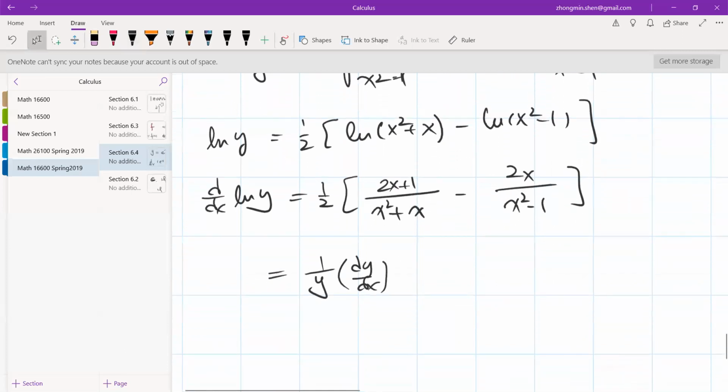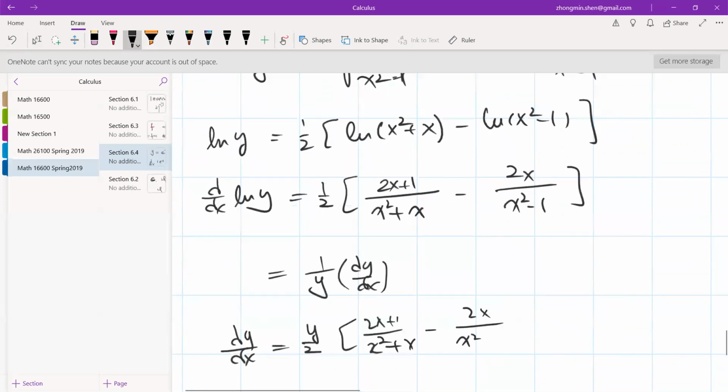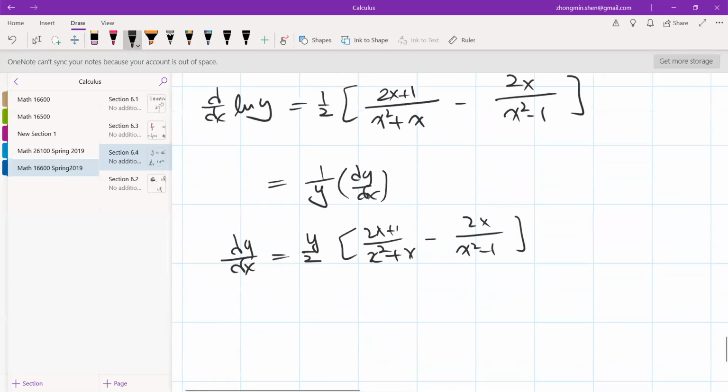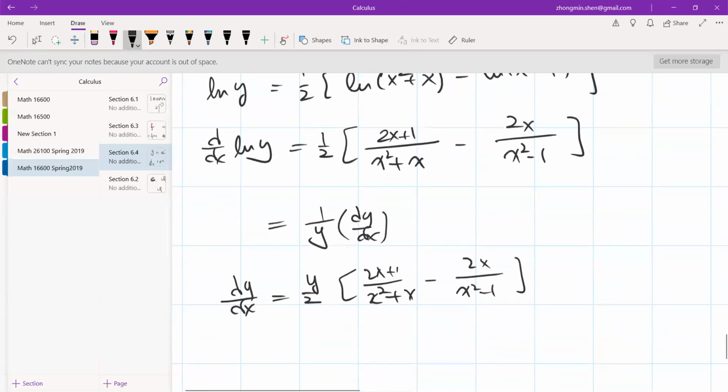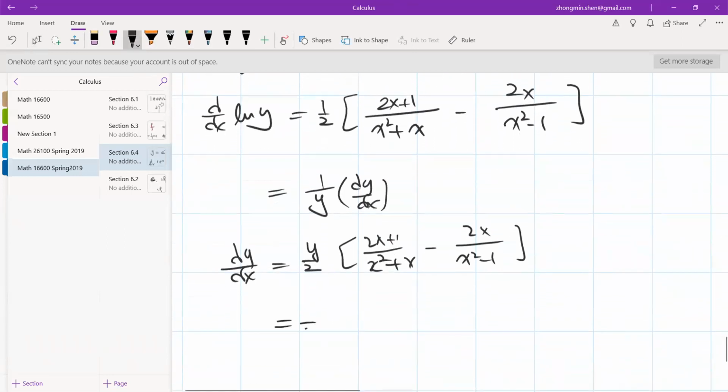So dy over dx is going to be half of this. You multiply both sides by y, and you get this. I think this is much easier. Now, what is y? Y is already given. All you have to do is replace y. What is y?